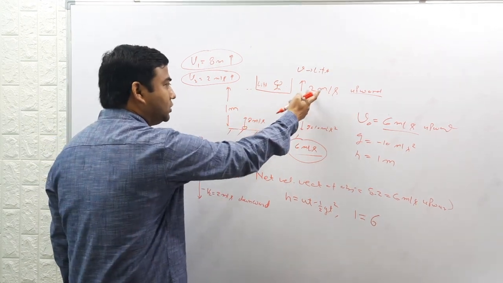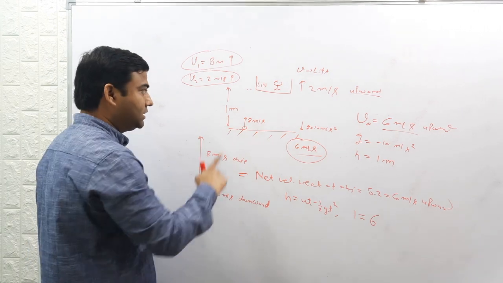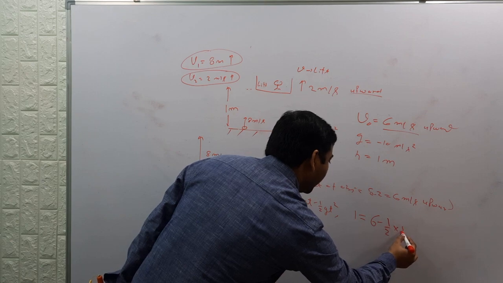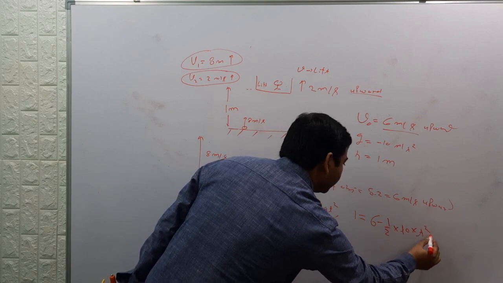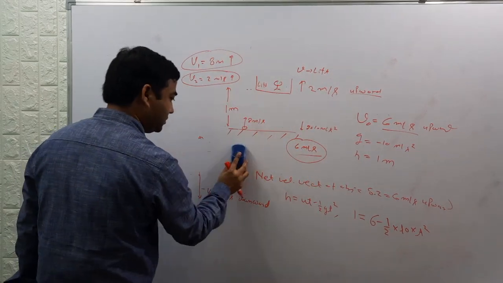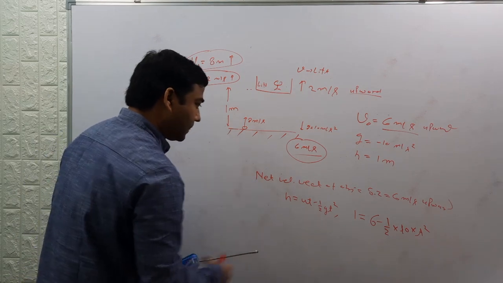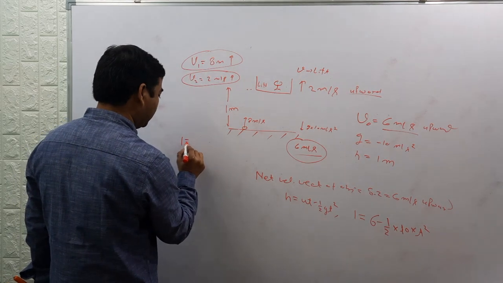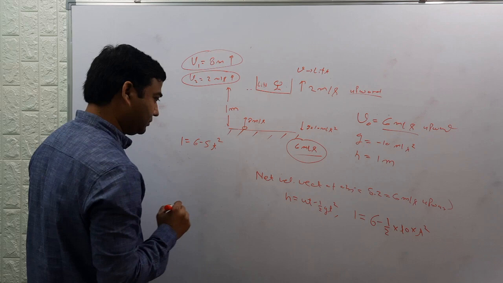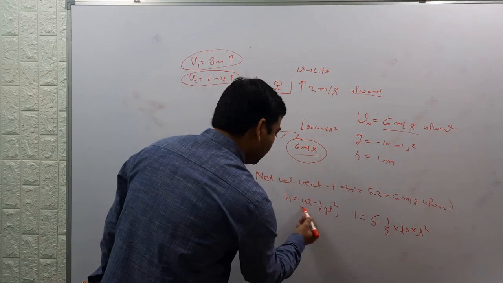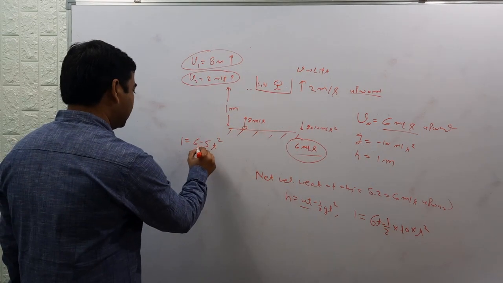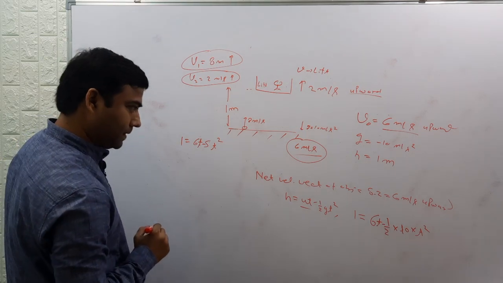So we have reduced the velocity of the lift from the velocity of the object, which is 6 meters upward. 1 is equal to 6t minus half g, which is 5, into t square.